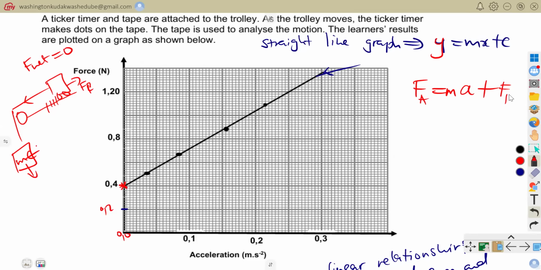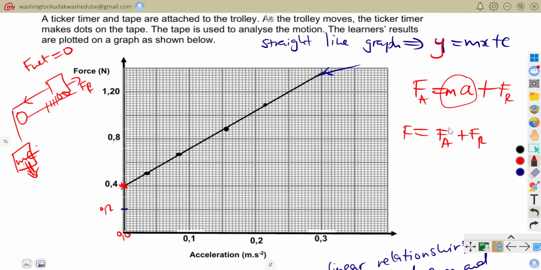It's my frictional force. So I would simply say that F applied is equal to, this is actually coming from this. So here I would say that this force would be equal to the F applied plus the frictional force.